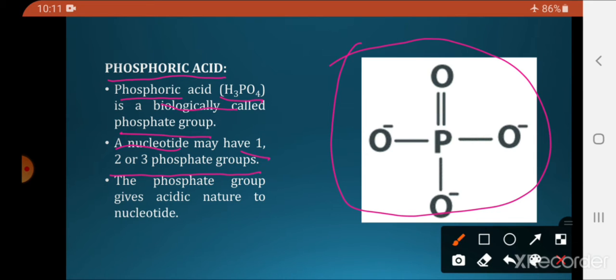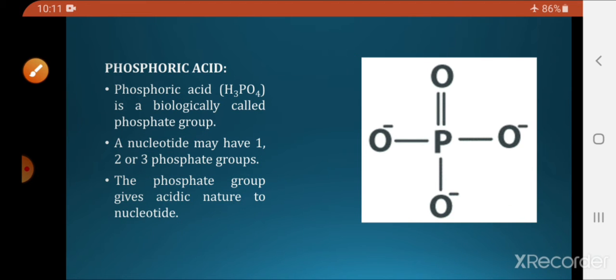It is adenosine triphosphate. The phosphate group gives acidic nature to the nucleotide. So basically nucleic acids acidic हैं. Acidic क्यों है? हम बोलते हैं nucleic acid. So basically the acidic nature is due to the presence of the phosphate group. So this is regarding the first component, that is phosphoric acid.